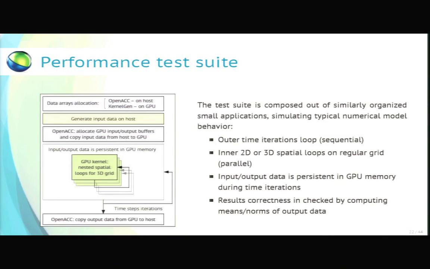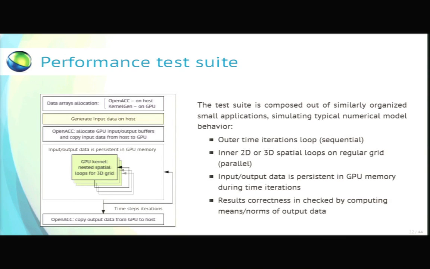In case of OpenACC, we have pre-allocation of GPU buffers and preloading of initial conditions before the first iteration. All the iterations are performed in GPU memory without loading or offloading after every iteration. And finally, in case of OpenACC, we are offloading back the result from the topmost time slice.